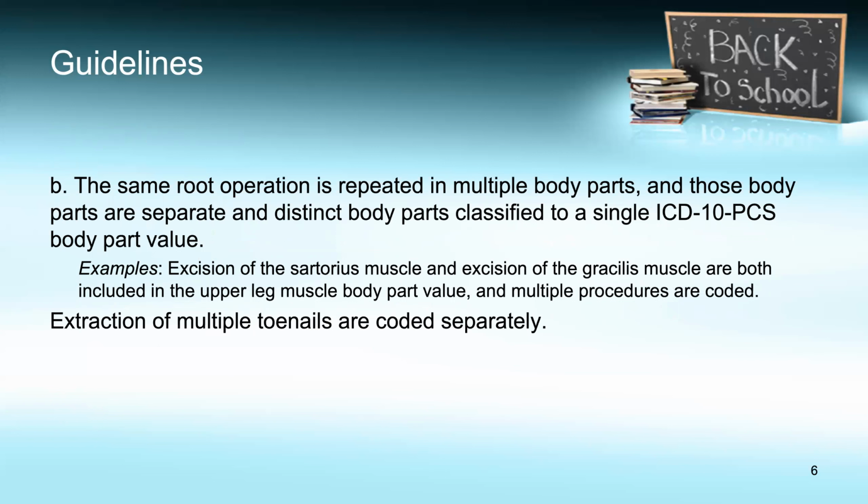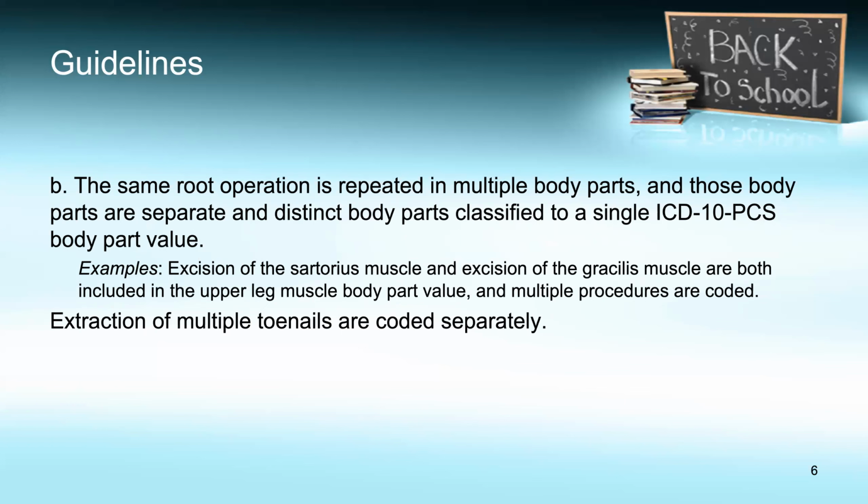So the example here is excision of the sartorius muscle and excision of the gracilis muscle are both included in the upper leg muscle body part value, but you do code that as multiple procedures because they are being performed on separate and distinct body parts, even though PCS classifies it as a single body part value.